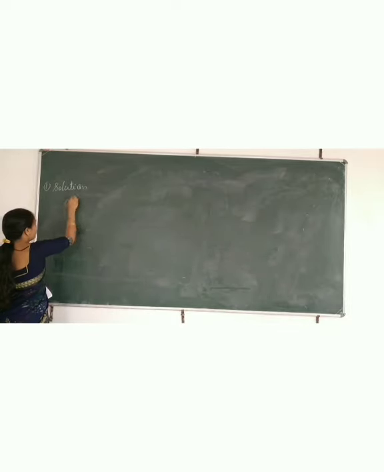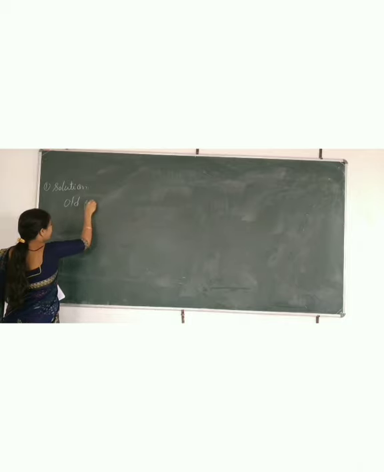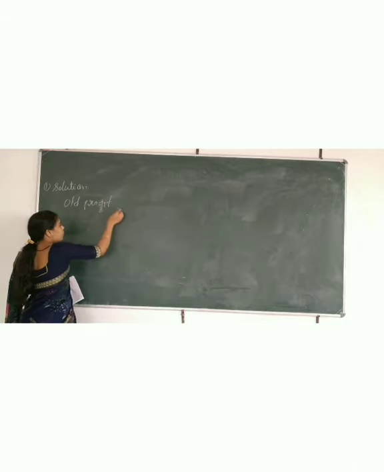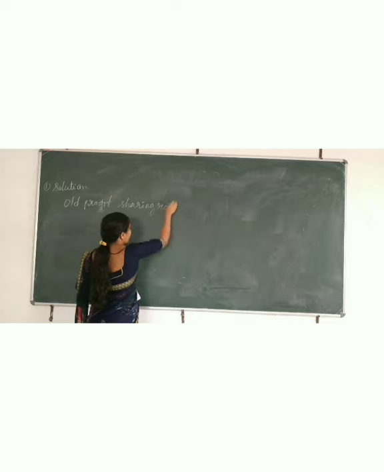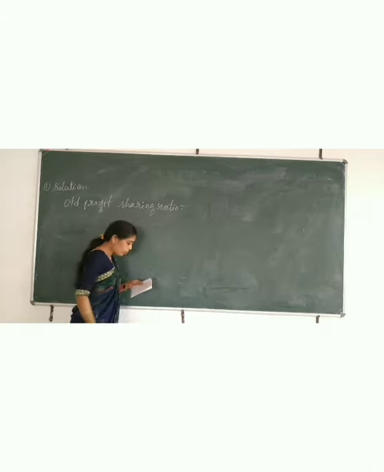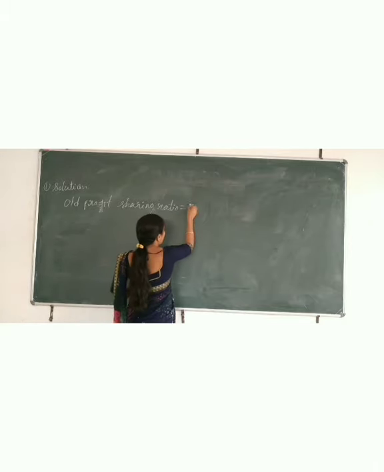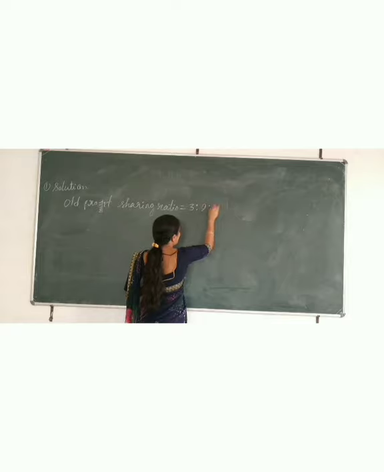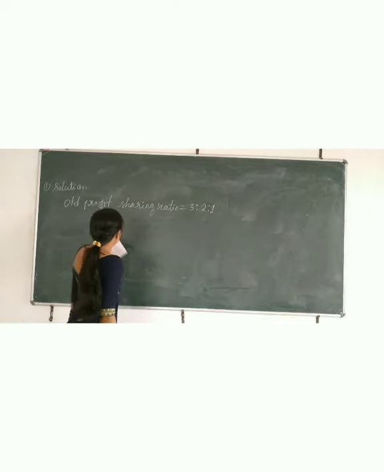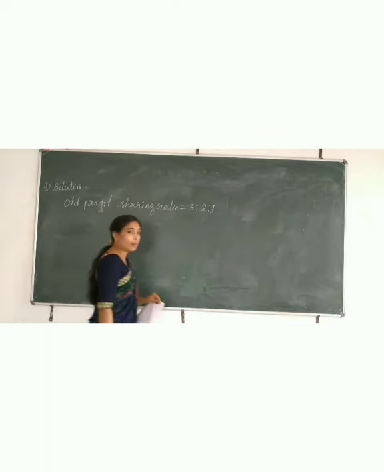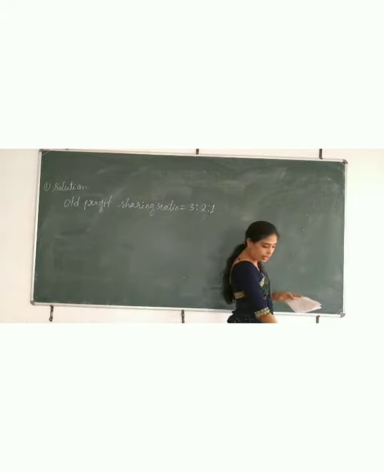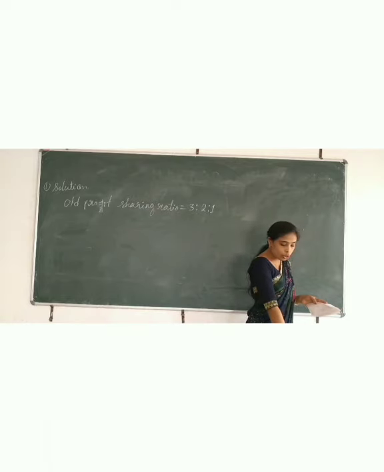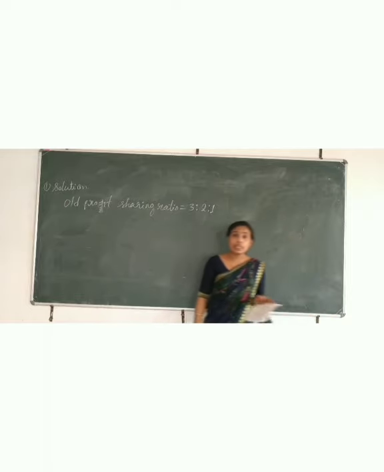So the old profit sharing ratio, which is given in the problem, is 3:2:1. After that they gave the information that Alka retires and her share is taken up by Harpreet and Shreya in the ratio of 3:2.